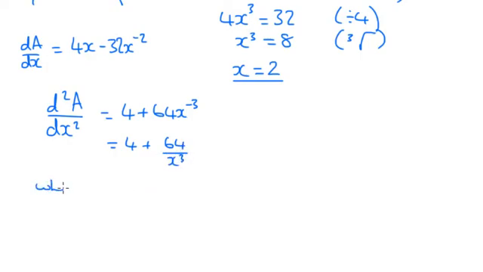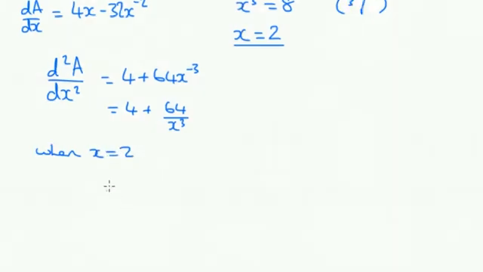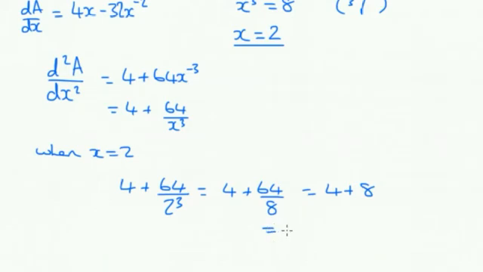So if I substitute x equals 2 into that, we're going to have 4 plus 64 over 2 cubed, which is 4 plus 64 over 8. 64 over 8 is 8, so we've got 4 plus 8, which gives us 12.